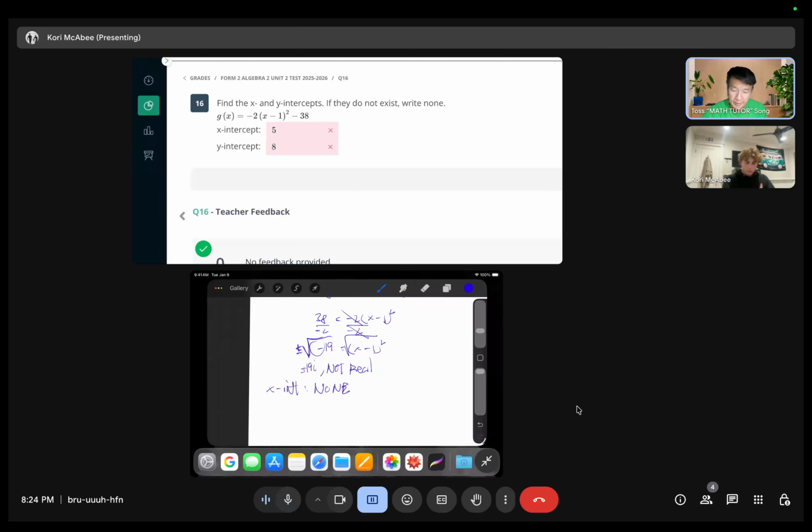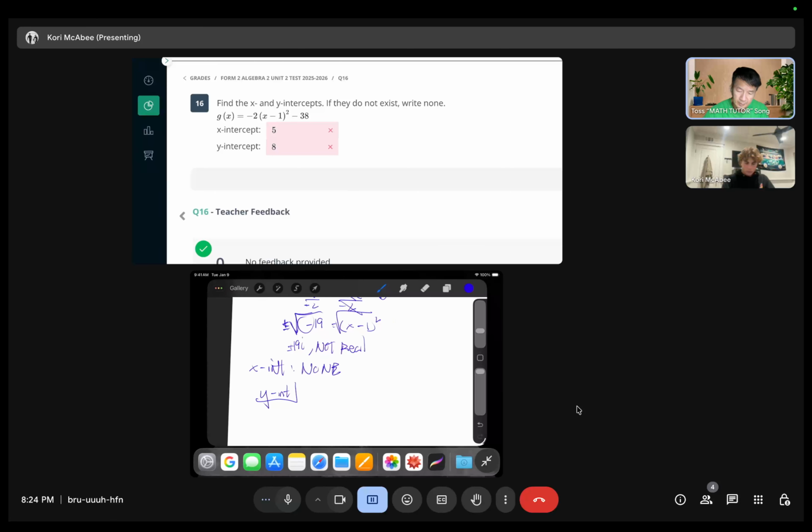So the y-intercept is easy. Let's do the y-intercept. Your y is your g of x. You plug in 0 for x: 0 minus 1 squared, minus 38. You keep the negative 2, and you're left with negative 1 squared, which is a positive 1.